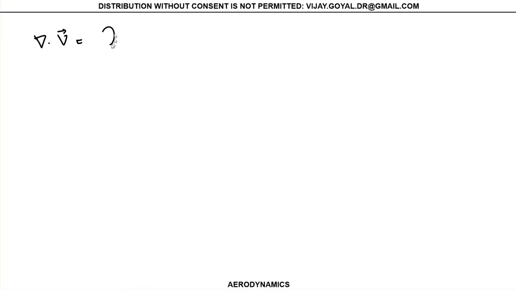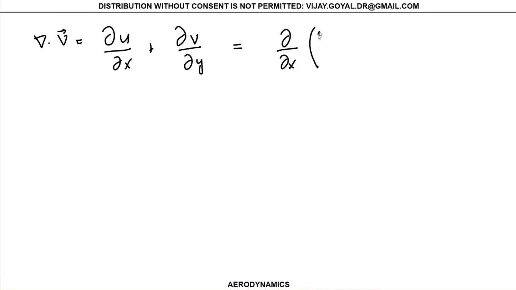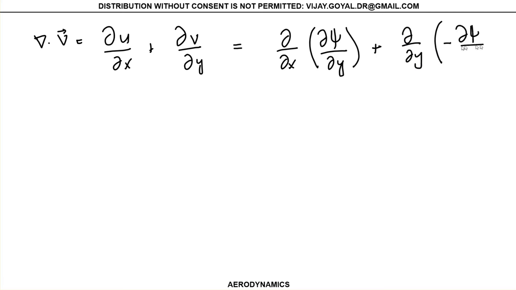In Cartesian coordinates, as an example, this is given by this equation. We have done this several times. Also, in the stream functions, we showed that this was equal to the partial of psi with respect to y plus the partial of psi with respect to x.